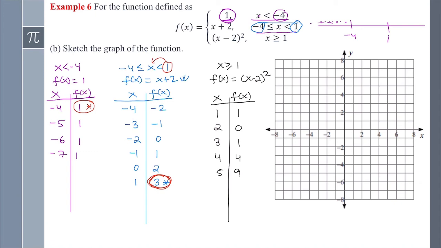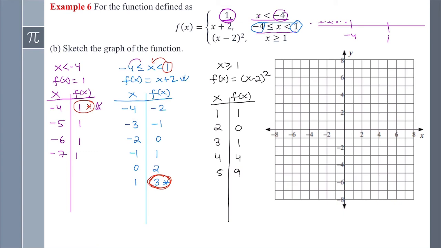Now let's go ahead and graph this one. Let's start from the first piece. When x is -4, the y value is 1, but I cannot include that value because it does not belong to this interval.